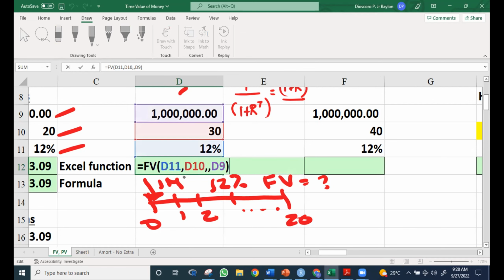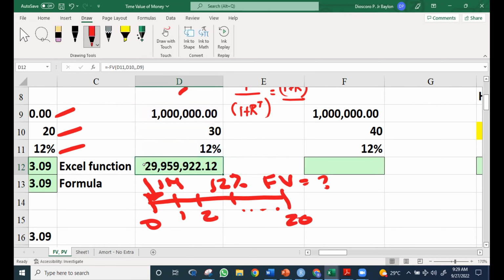As discussed last time, we're not really interested in whether it's a loan or an investment. What we're interested in is the equivalent value. So what does this tell us? 1,000 today is equivalent to 29,959 after 30 years if it's earning at 12%.